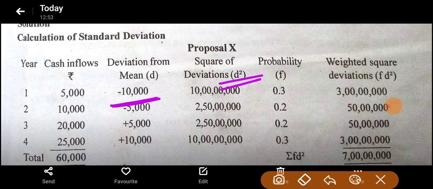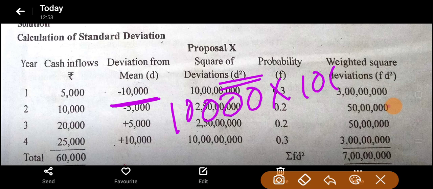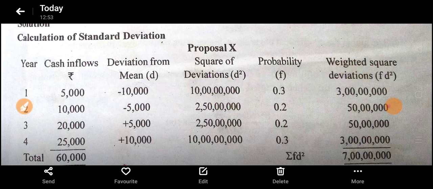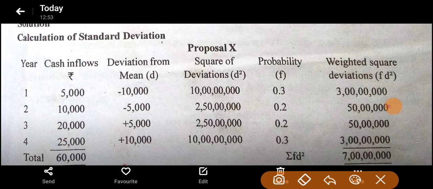We will multiply 10,000 with 10,000, then you will get 10 crore. Like that, you want to find the square of all of these deviations. Then the probability of each cash flow is already given in the question.